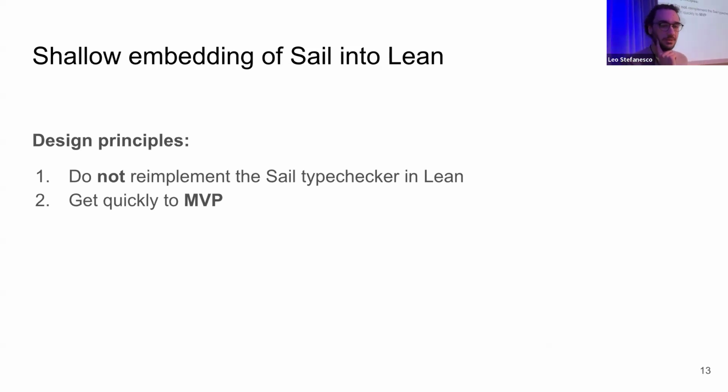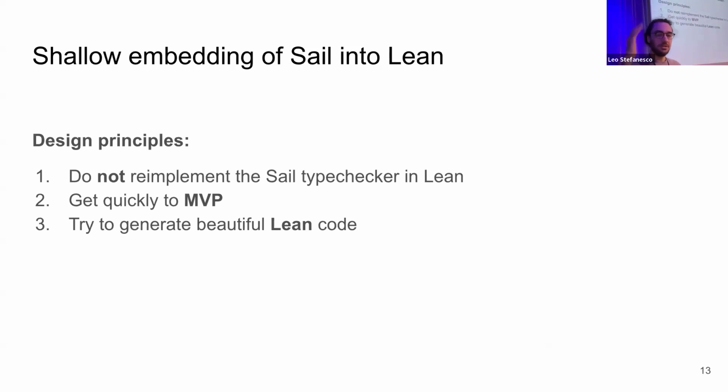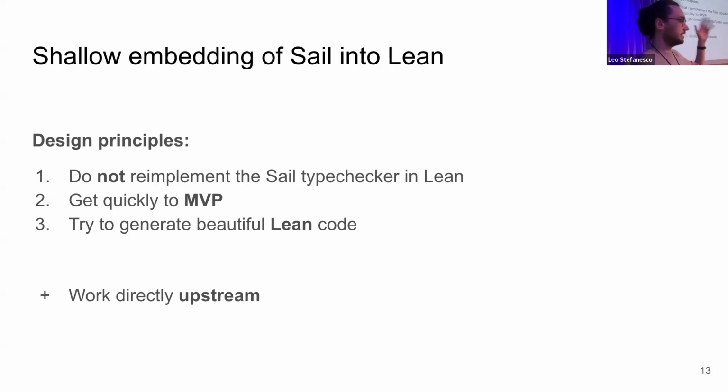We want to get quickly to a minimum viable product so that we can start testing that it works well. The third goal in importance is to generate Lean code that's beautiful, at least we are trying. And we work directly upstream, so everything I'm showing you is already in the Sail Git repo. We have reasonably good practices, we have tests and so on.